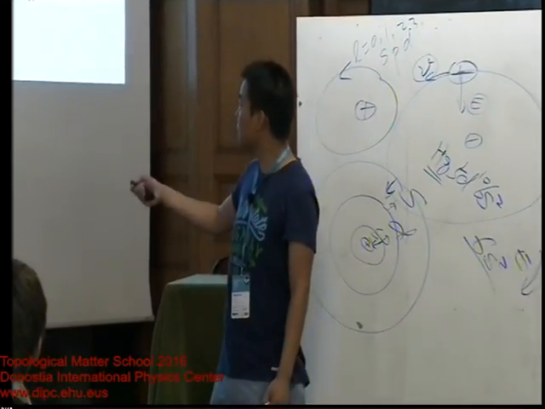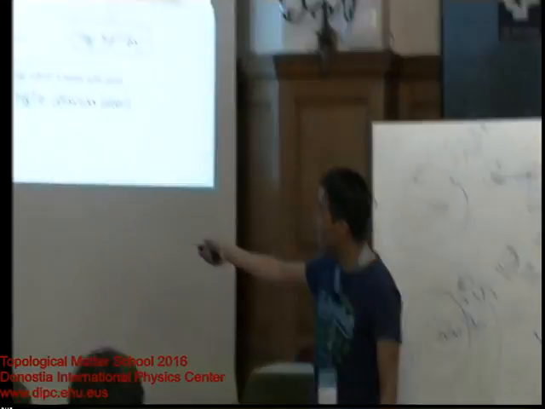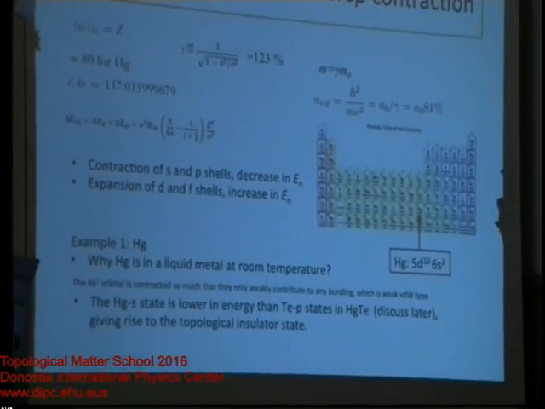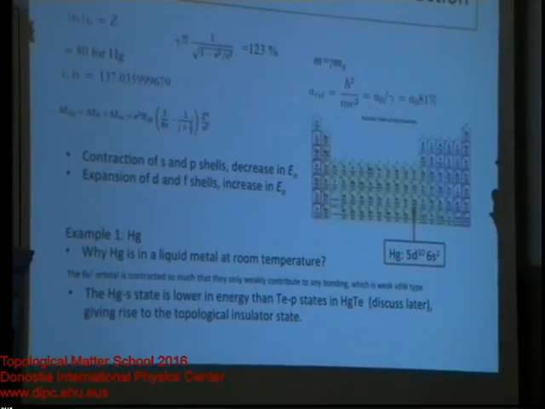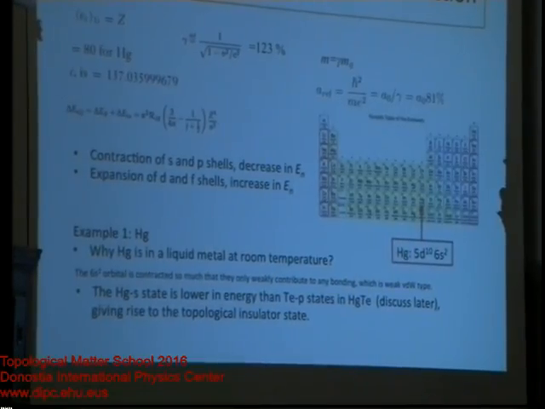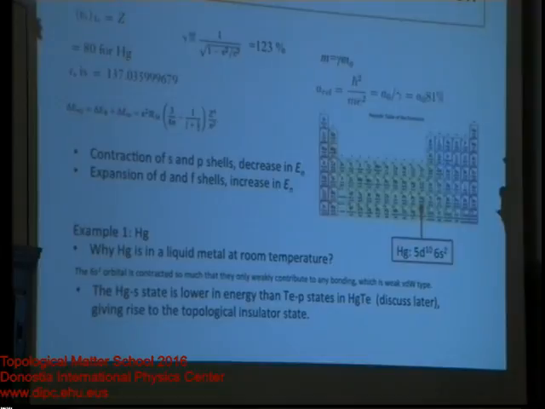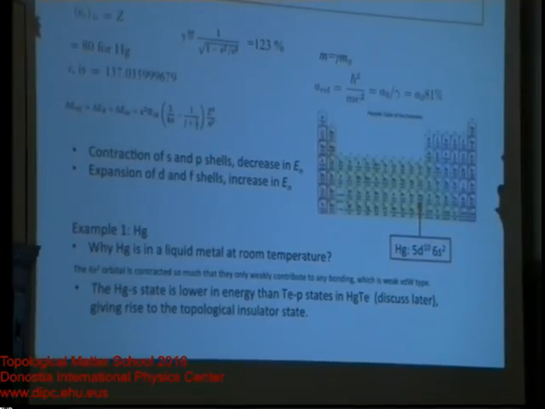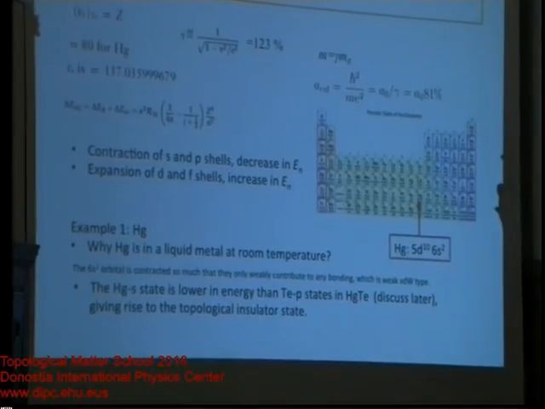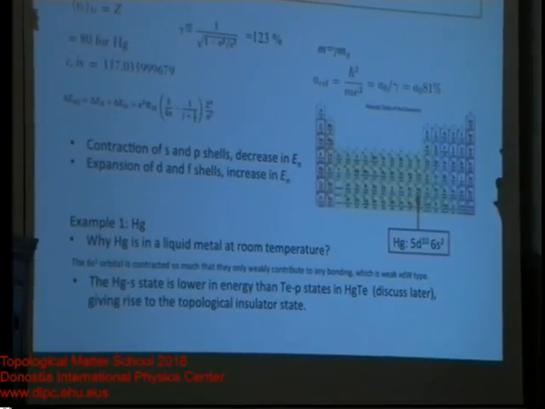And one consequence is mercury. Why is mercury maybe the only room temperature liquid metal among all metals? One explanation is that its core electrons and valence electrons have a much smaller radius.